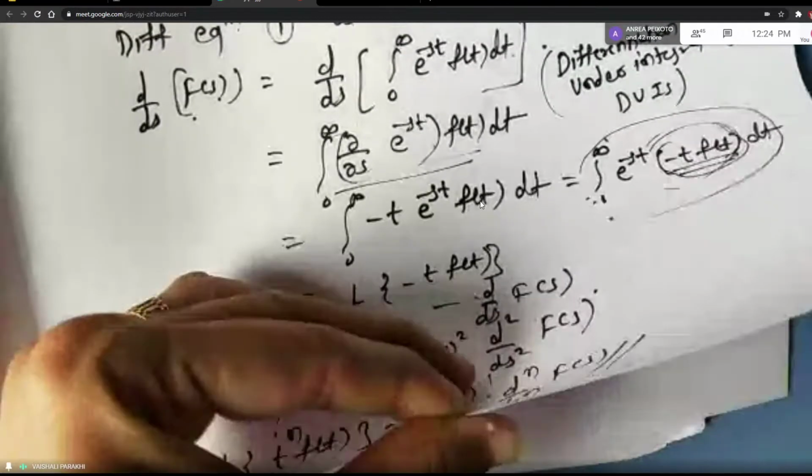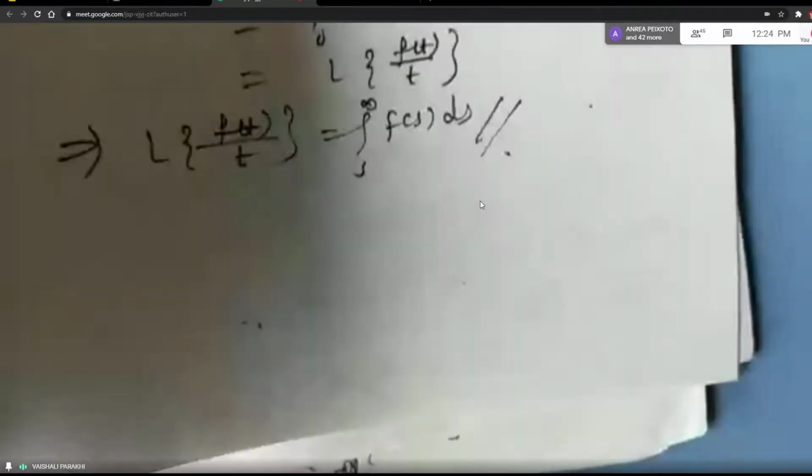Okay, now let us go to the next property, property number 6. One second, just copying the last step.